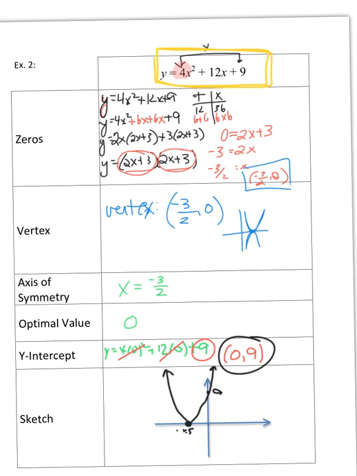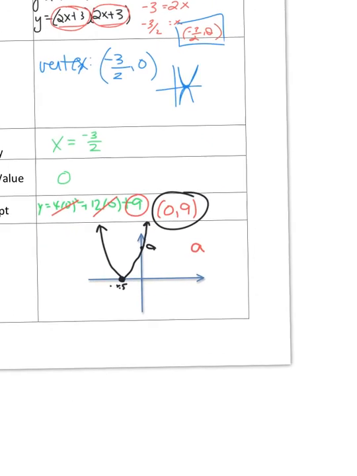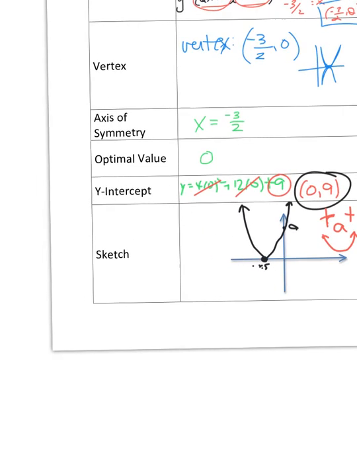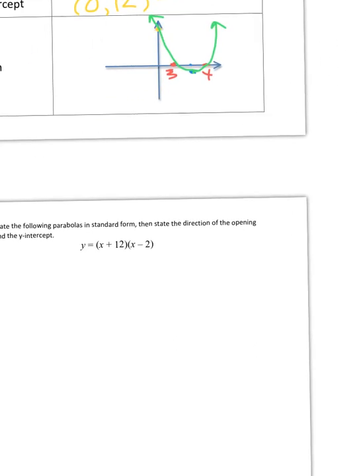So when a is positive, the graph's going to open up, and when a is negative, the graph will open down. It'll be sad.